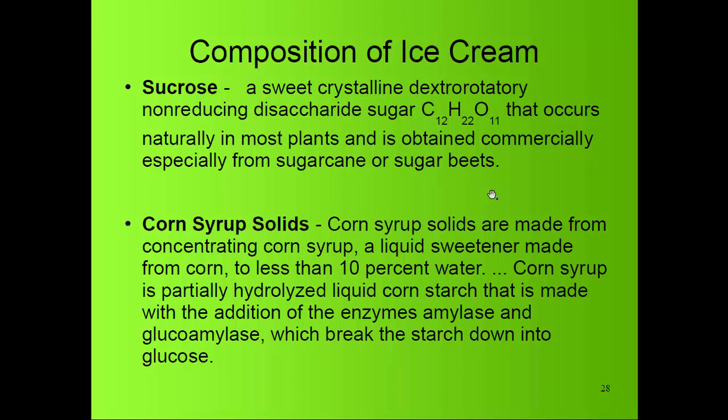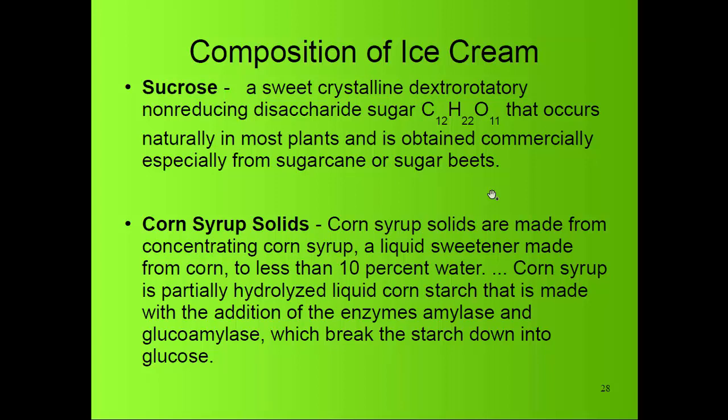We also have corn syrup solids. Corn syrup solids are made from concentrating corn syrup, a liquid sweetener made from corn, and we just keep on boiling it until there's only about 10% water. So we take corn, crush it, keep heating it and let the water boil off, and what's left is a thick, sweet syrup.